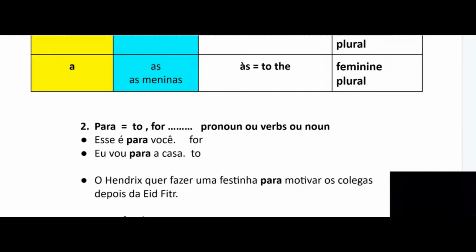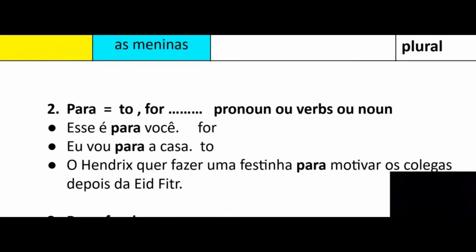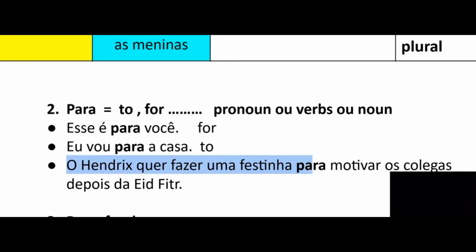Okay. So check this sentence. This sentence is saying, in English, want to make a little party to. So at this place you could hear someone say, can it be for motivate? No, to motivate.